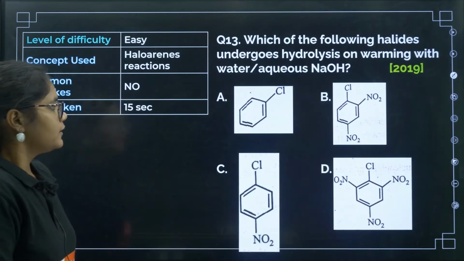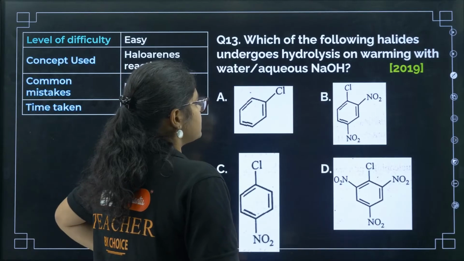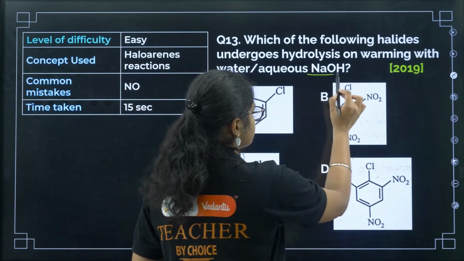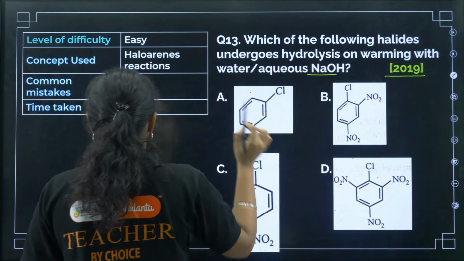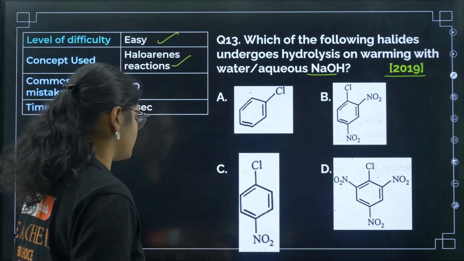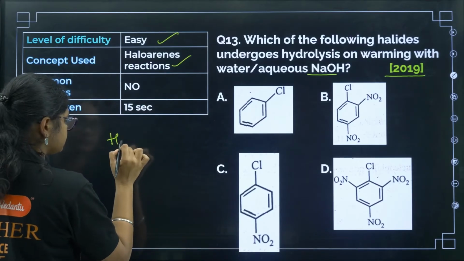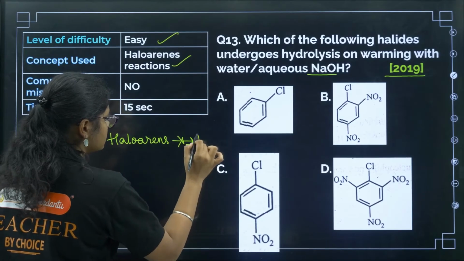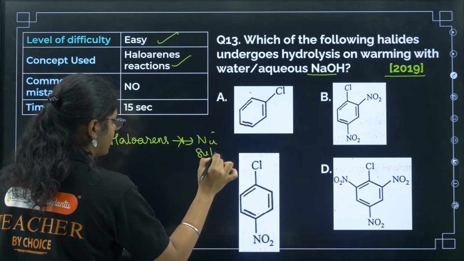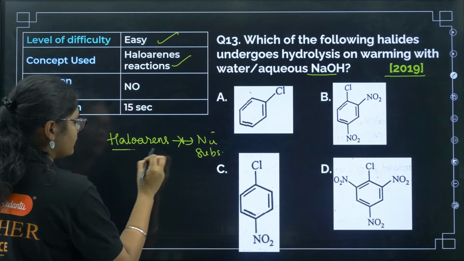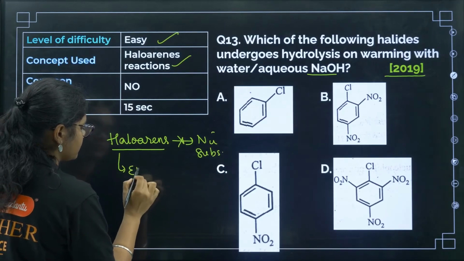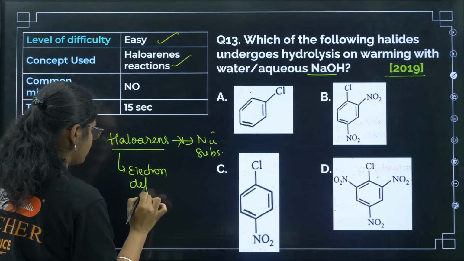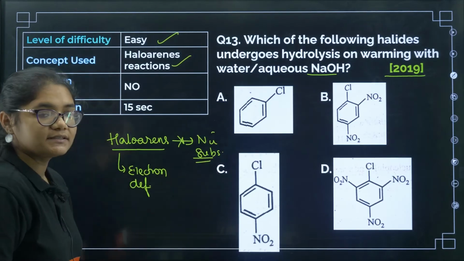Next question: which of the following halides undergo hydrolysis on warming with aqueous NaOH? The question was asked in 2019, an easy question. Haloarenes do not undergo nucleophilic substitution reactions, but if the haloarene is electron deficient, then it can undergo nucleophilic substitution.